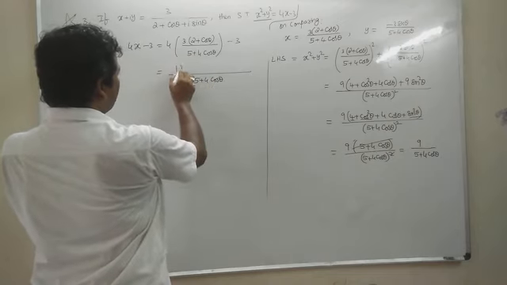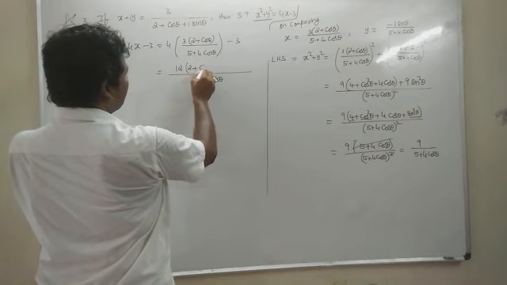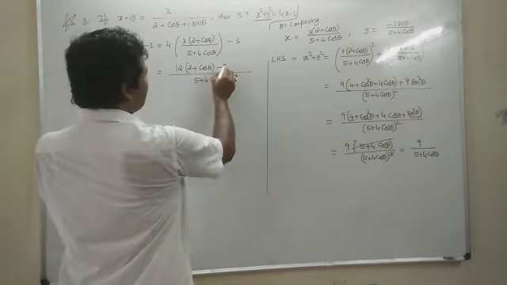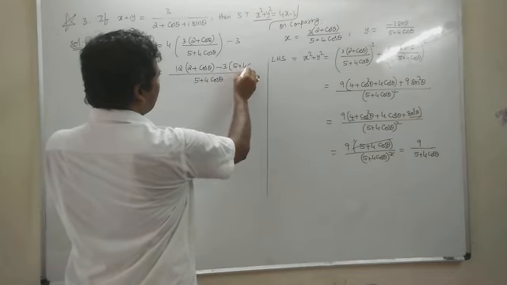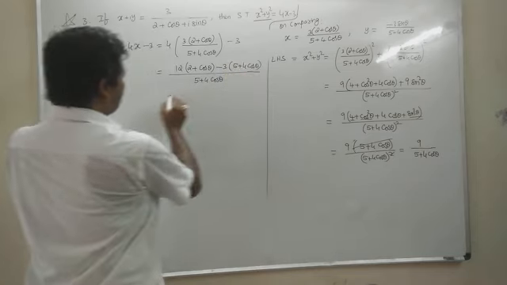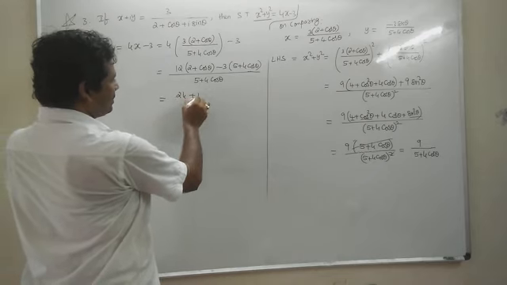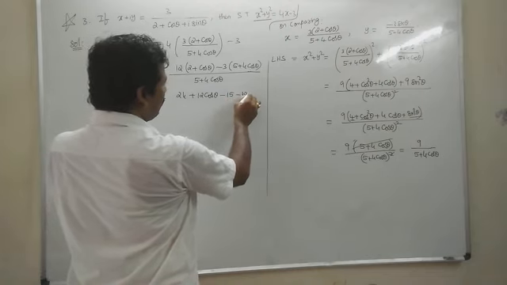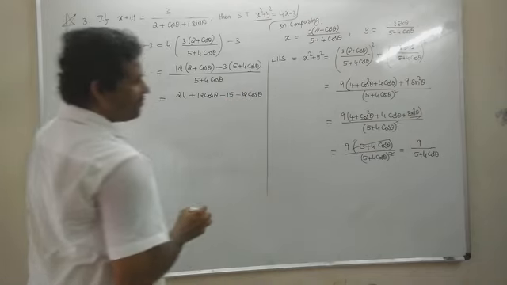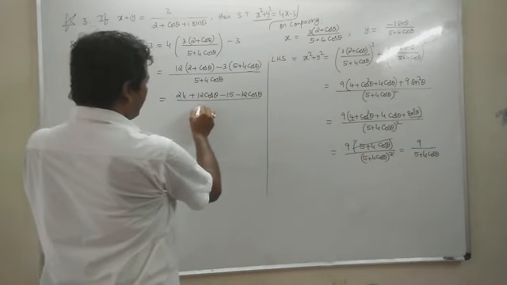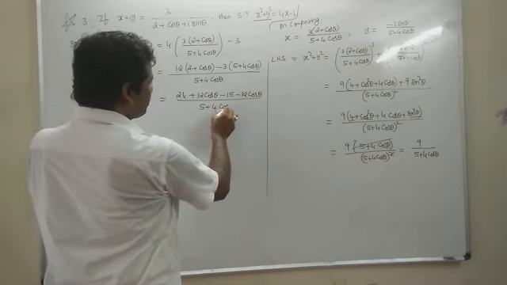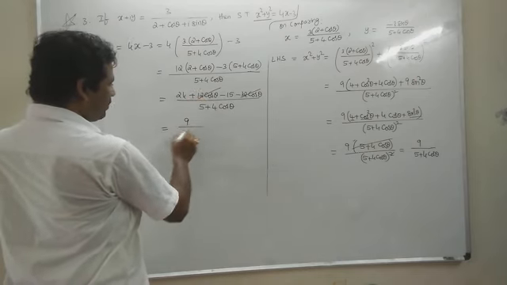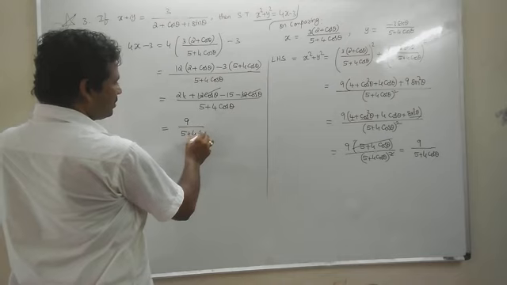Multiply this 4 into 3, 12 into 2 plus cos theta, minus 3 into 5 plus 4 cos theta. That equals 24 plus 12 cos theta minus 15 minus 12 cos theta, by 5 plus 4 cos theta. 12 cos theta cancels. 24 minus 15 is 9, so 9 by 5 plus 4 cos theta.